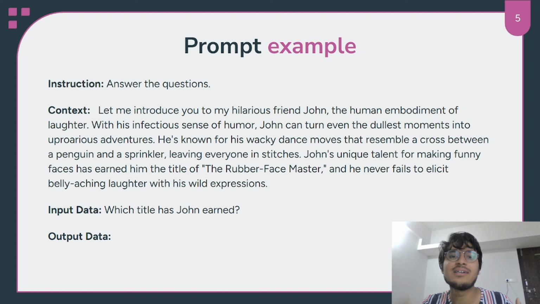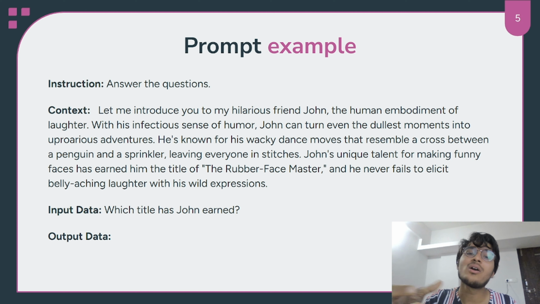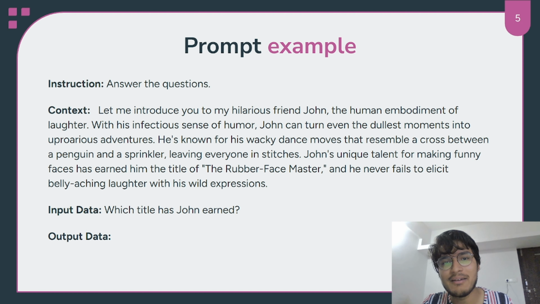Let's suppose some event took place just the day before yesterday, or maybe yesterday. It will not be able to answer it, because it does not have that information. And in this case also, ChatGPT might not have information about my John, because either I am not famous, nor is my friend John famous.